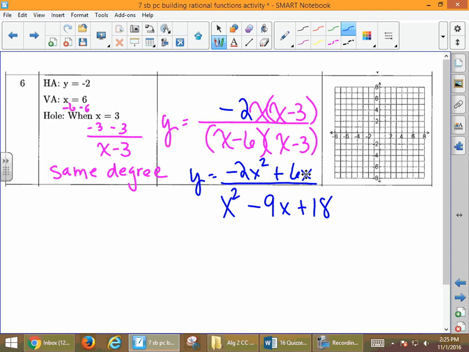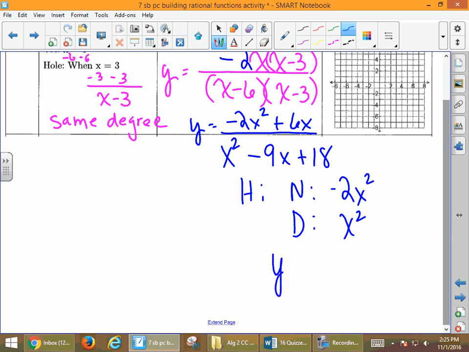So our horizontal, once again, would be determined because the numerator was -2x squared. The denominator was x squared. And then we would take y equals the number in front of the x squared, which is a -2, and the number in front of the x squared, which is a 1.